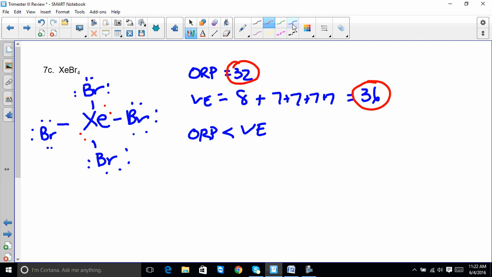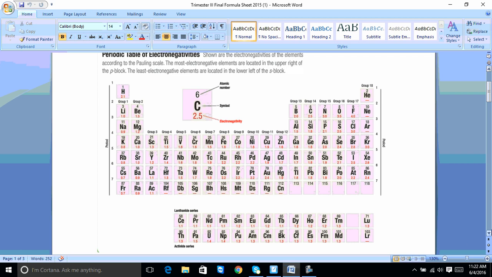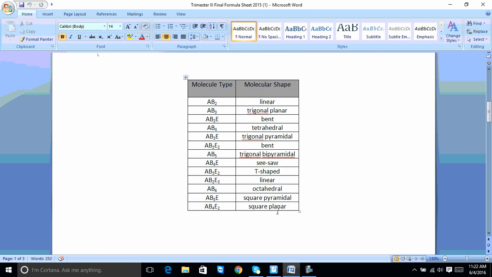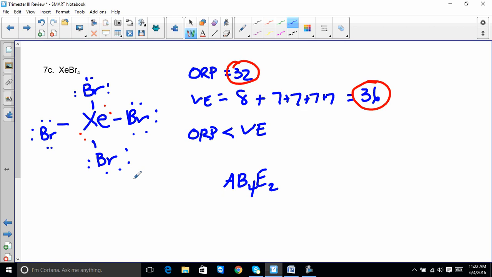And this ends up being A for xenon, B4 for the 4 bromines, but E2, because this is one pair of dots and this is the second pair of dots. And if I go over here, you can see that AB4E2 is square planar, not just planar, guys. Square planar.